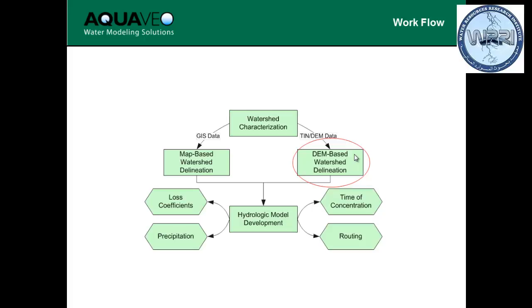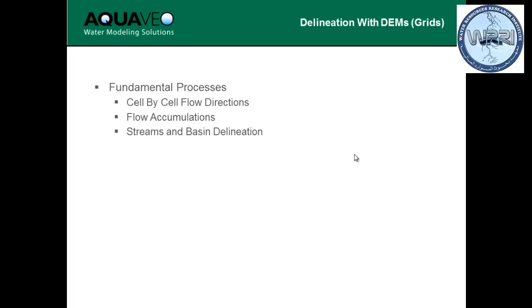And DEM-based watershed delineation, we already learned about map-based watershed delineation. DEM-based delineation is an automated way of doing map-based watershed delineation.